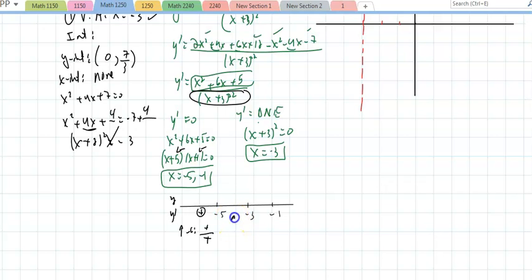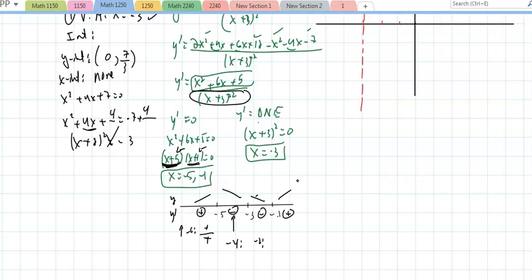If I pick a point between -3 and -5, let's say -4. -4 plus 1 is negative, positive, that's a negative. Between -1 and -3, -2. -2 there, that's positive. -2 there, that's negative. And a point to the right of negative 1, say 0. 5 times 1 is positive. So this is up, down, down, and up.